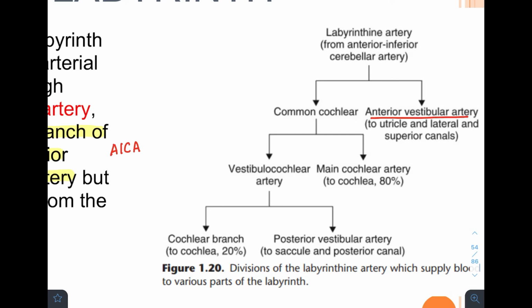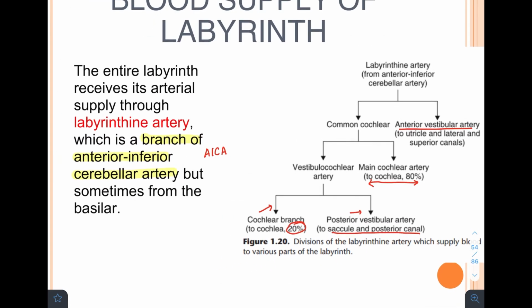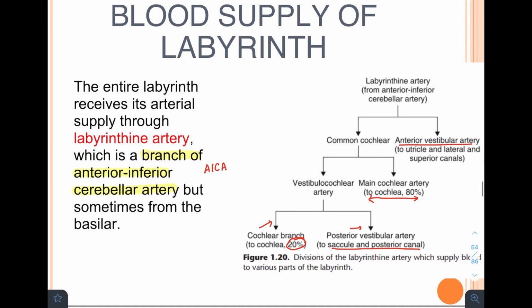The main cochlear artery is responsible for 80% of the blood supply to the cochlea, and the vestibulocochlear artery again divides into two branches, a cochlear branch which supplies the remaining 20% to the cochlea, and the posterior vestibular artery which supplies the saccule and the posterior semicircular canal. So, this is all about the blood supply of the labyrinth.